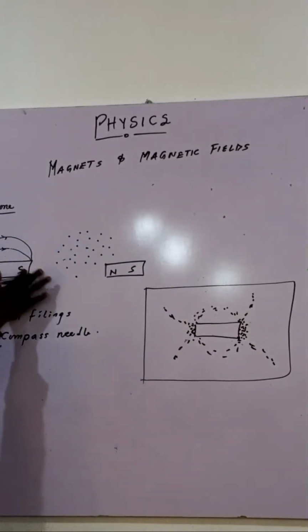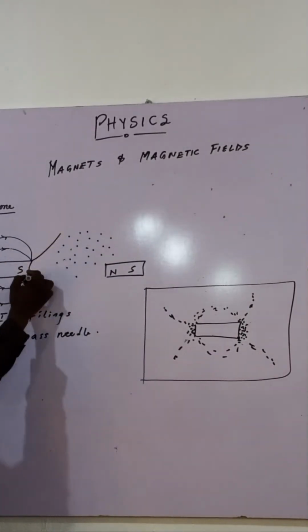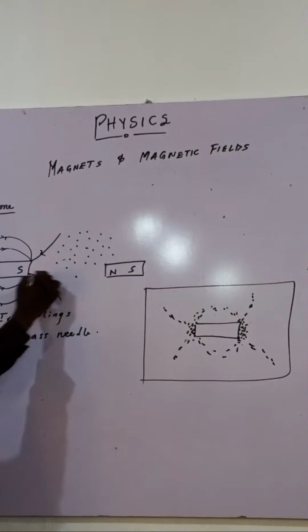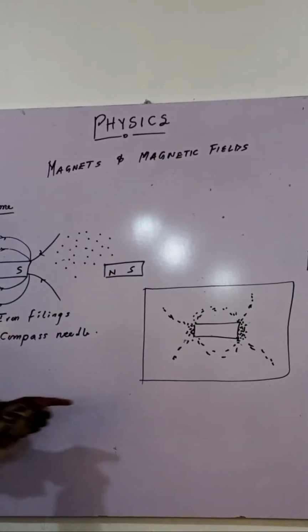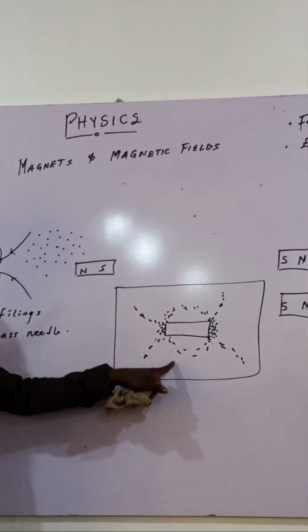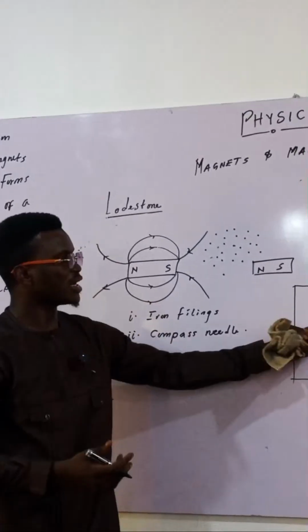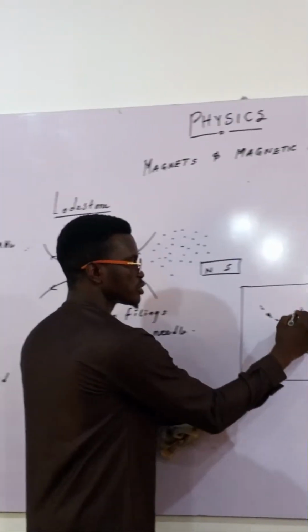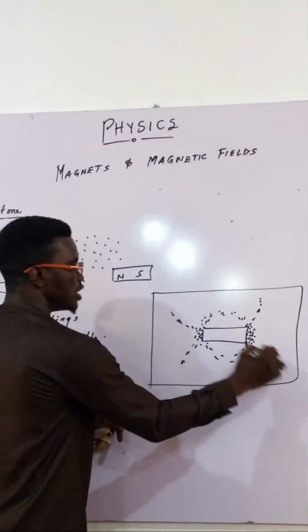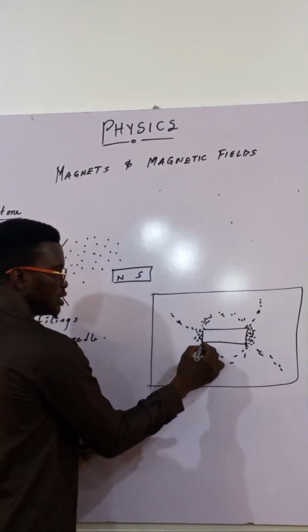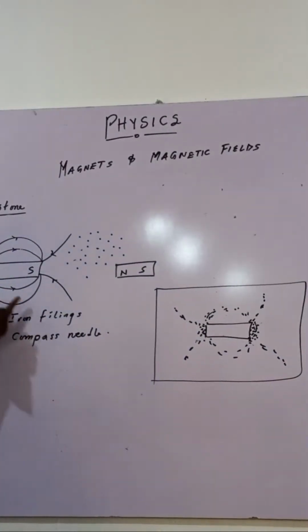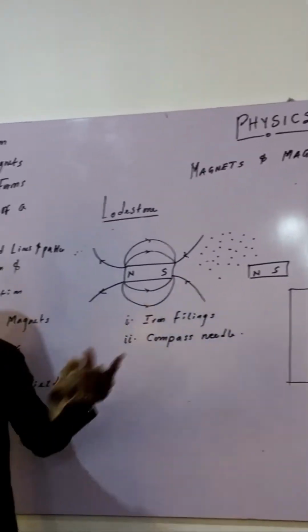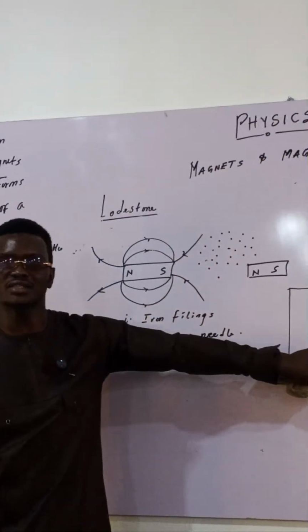So if you look at this pattern now, the pattern I've drawn here is what these iron filings bring out. So if I want, I can take it out and just draw it out. Then you see that the lines move like this, the line moves like this. It's the same thing I have here. So if they ask you, how can you draw a magnetic field pattern?